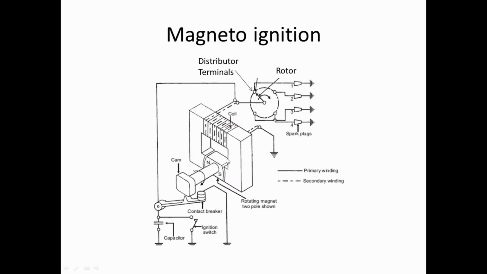The diagram's not the best, but basically this is a DC generator almost, and it has the coil primary and the secondary wound together. So as the breaker points open, again, the magnetic field collapses, fires the coil, which goes up the rotor and out to one of the spark plugs. But the electricity, instead of being generated by the battery, is actually generated by this generator setup here, this rotating magnet in a coil.